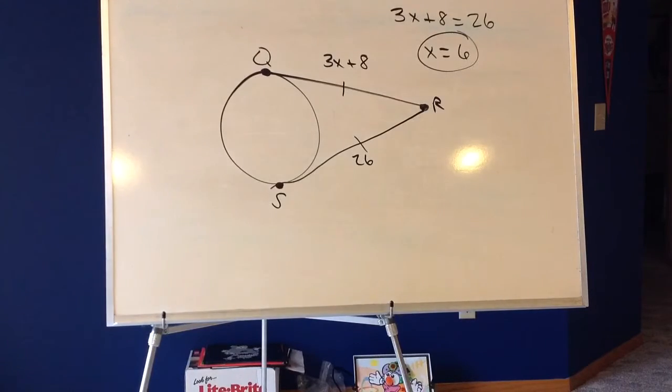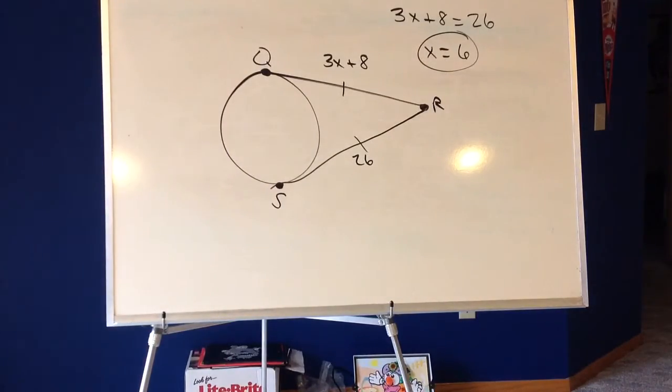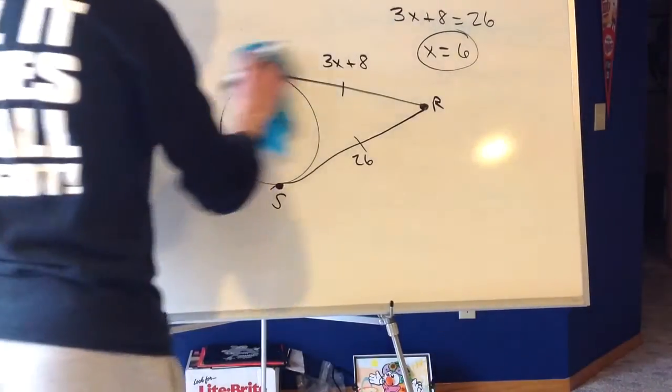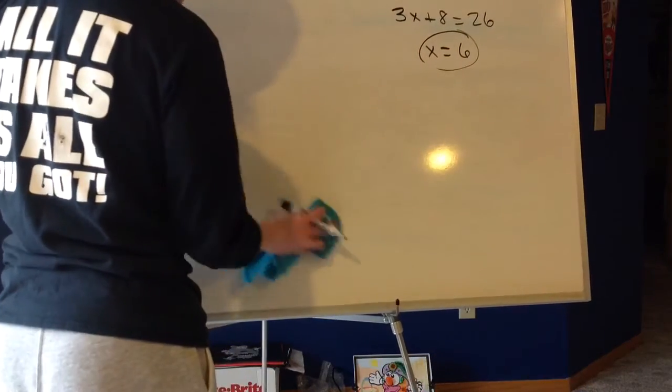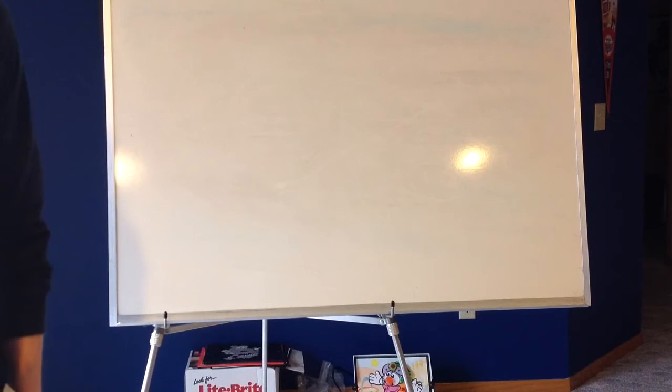You'll notice we have a circumscribed polygon. I talked about how we would be getting into these a little bit more. For the most part, we've had the circle on the outside and the other shape on the inside. I'm going to flip-flop that today. So a polygon is circumscribed about a circle if every side is tangent to the circle.